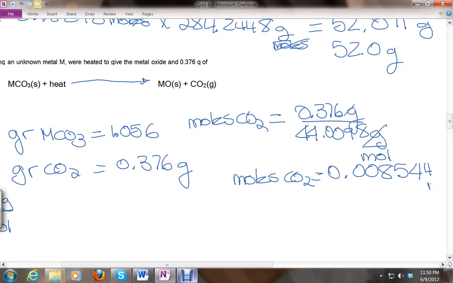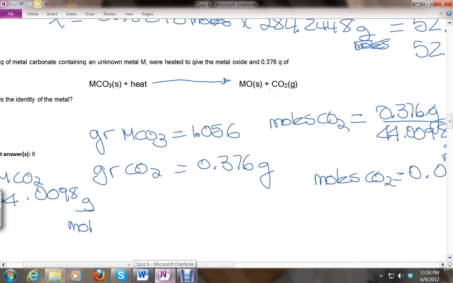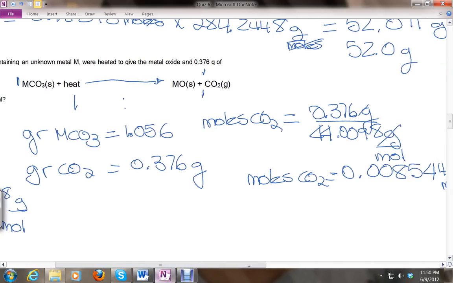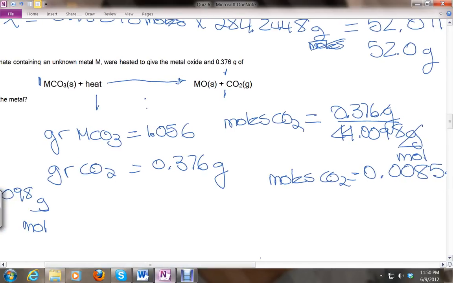Now, there's something you need to know on the concept. If you have 1 mole here of CO2, isn't it the same ratio, 1 to 1? 1 mole of the metal oxide gives you 1 mole of CO2. So if you're going to be producing 0.008544 moles, how many moles did you add of the MCO3?